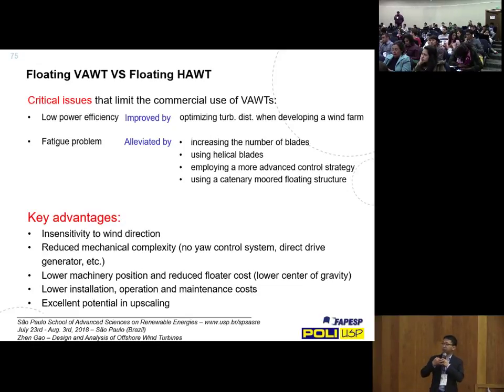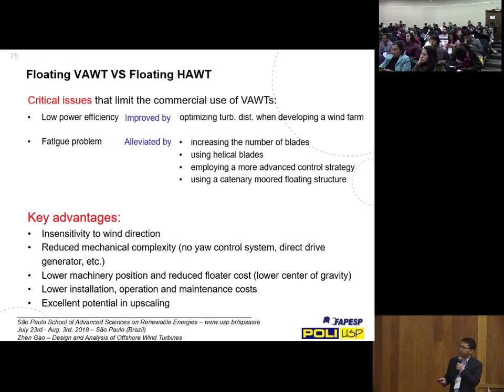If we look at the advantages first, they are independent of wind direction. So you operate in any direction of wind at the same condition. And then, of course, there might be an advantage for floating application, because you can lower the center of gravity by putting the generator at the platform level.